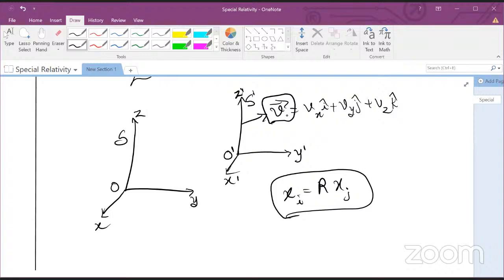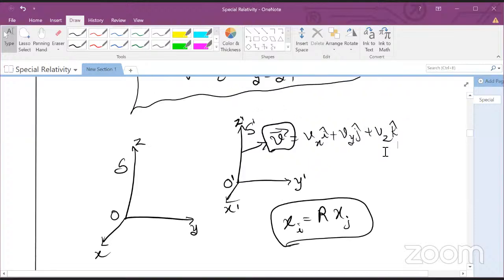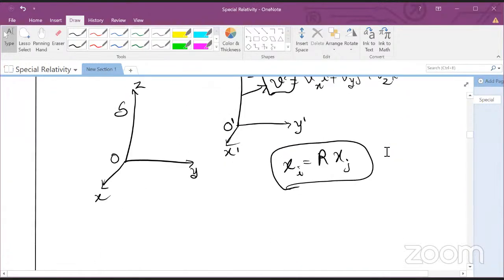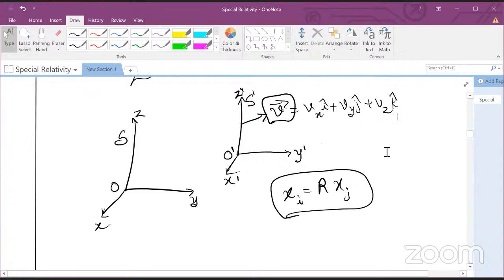Then I can apply Lorentz transformation and make it a transformation only in x in the rotated coordinate. So that's how we can simplify this three-dimensional coordinate transformation to just one-dimensional Lorentz transformed coordinates by using a rotation and then Lorentz transformation.